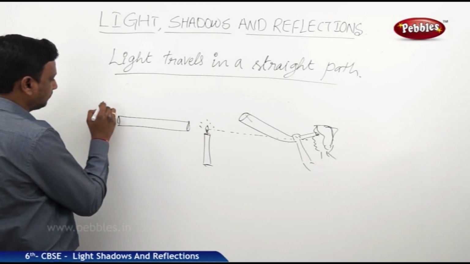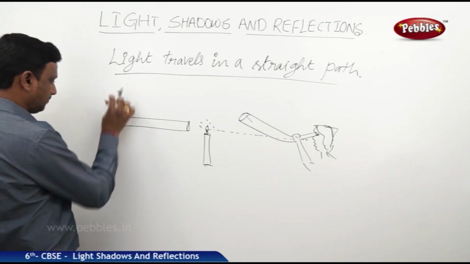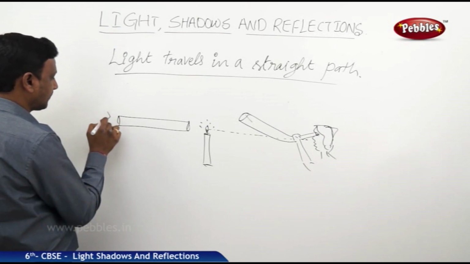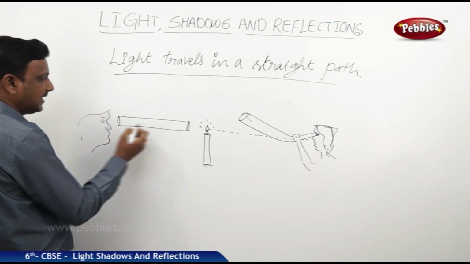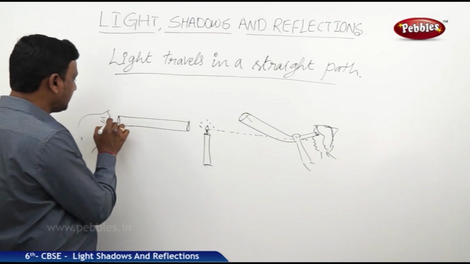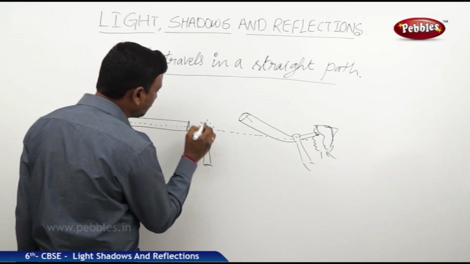Here we have one more boy. So he is looking at the candle through the pipe. So in this case, his eye is exactly straight to the light.